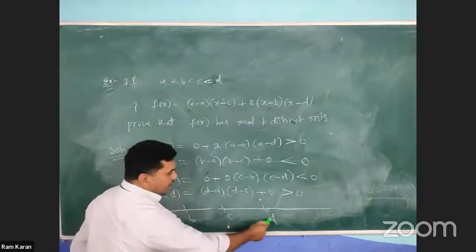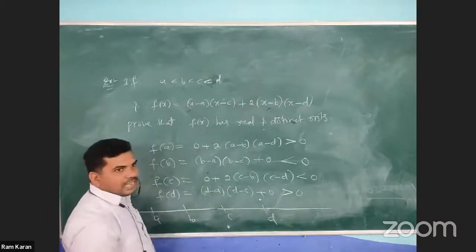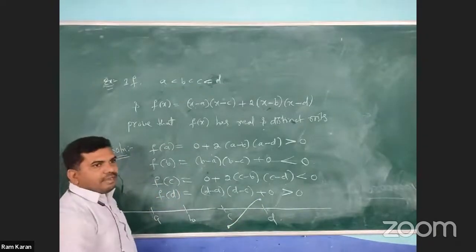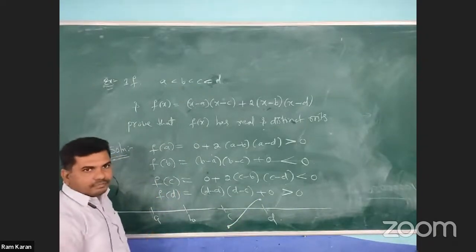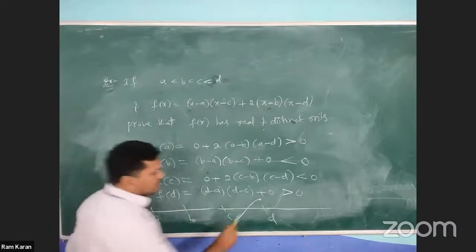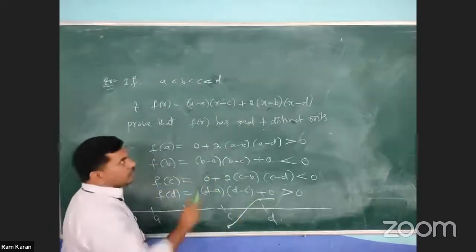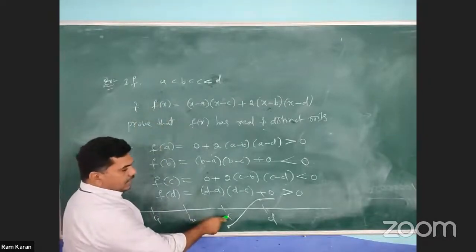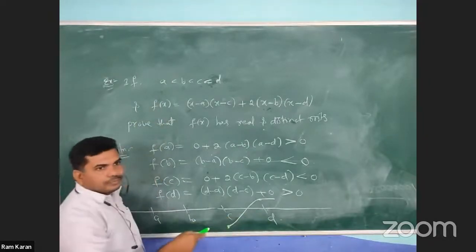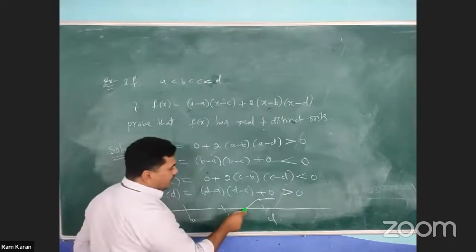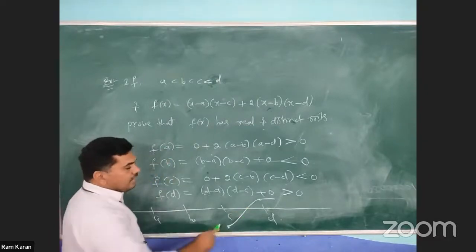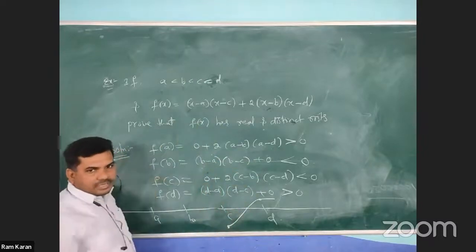Now f of d and f of c are of opposite sign, so the curve crosses the x-axis between c and d. This is the given curve f of x. f of c is negative, f of d is positive, so definitely the curve crosses the x-axis between c and d, as I discussed in the previous concept.